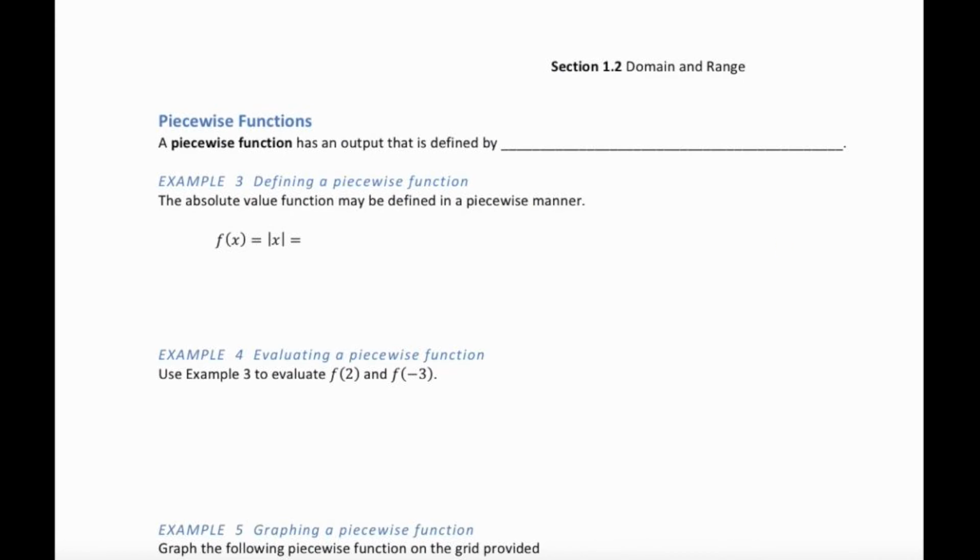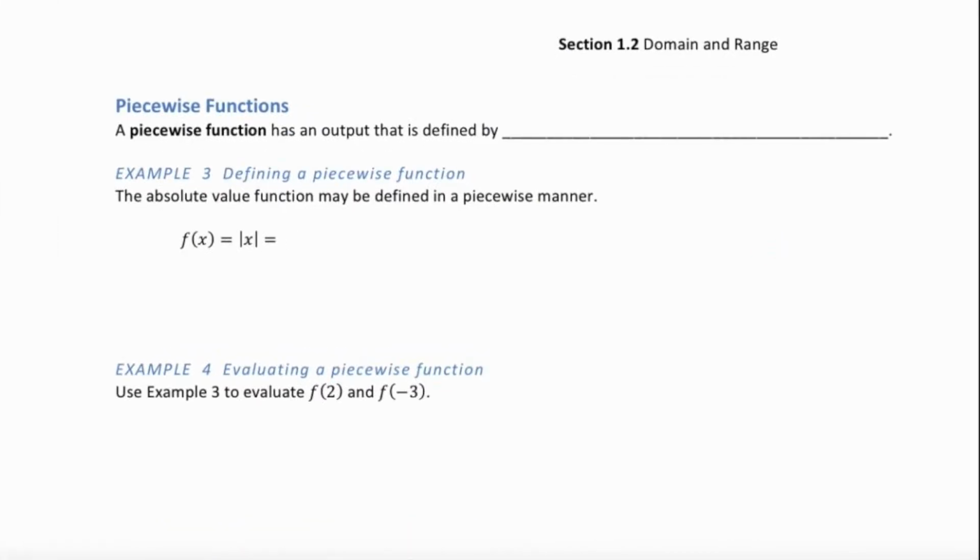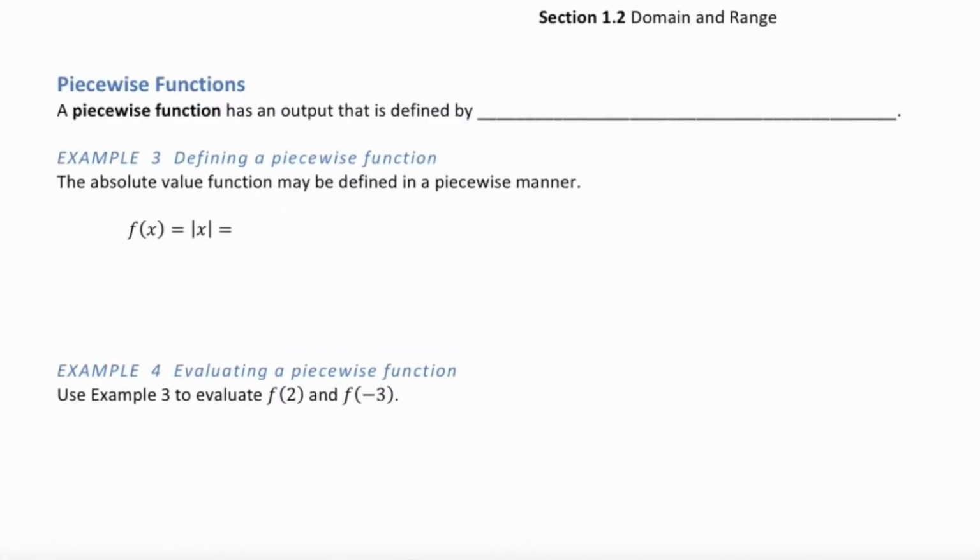So piecewise functions. There we are. A piecewise function has an output that is defined by more than one formula. The absolute value function can be defined in a piecewise manner.